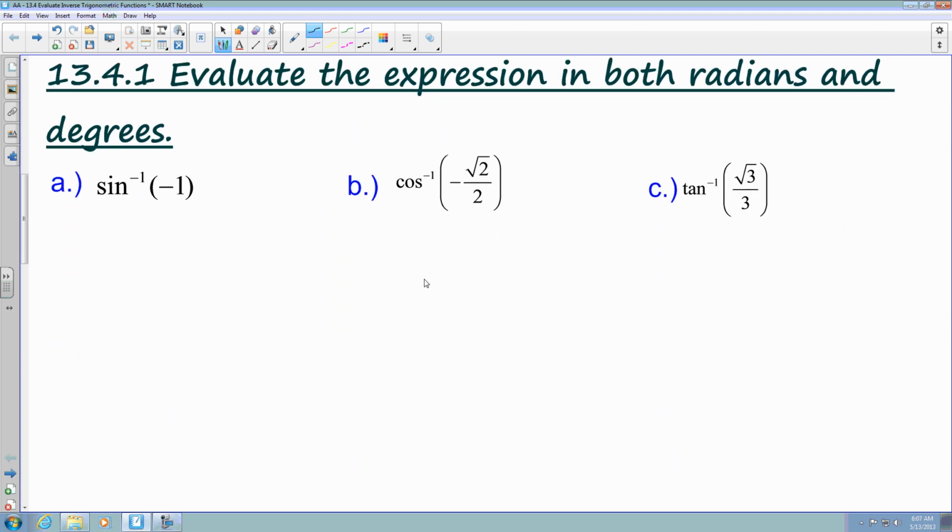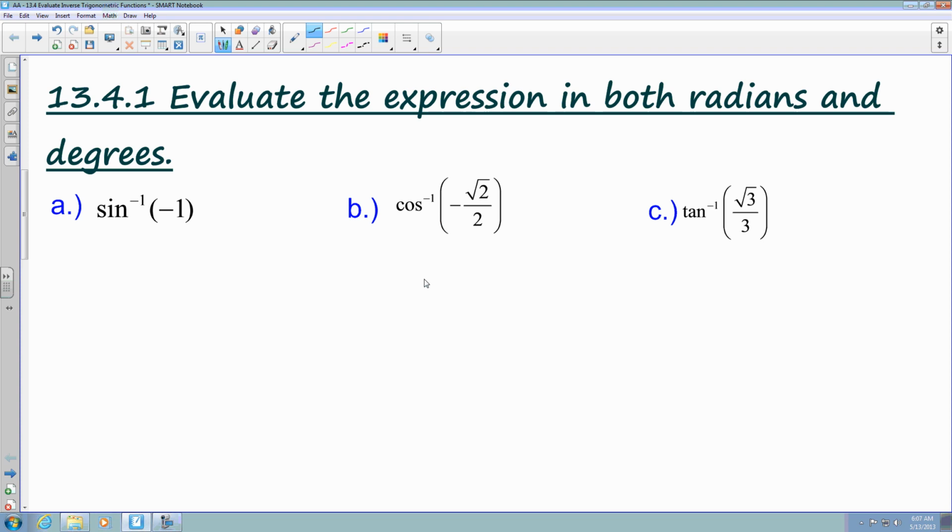First off, we want to be able to evaluate the expression both in radians and in degrees. If you punch the inverse sine of -1 into your calculator, you get -90. You could leave it as -90, that's fine.